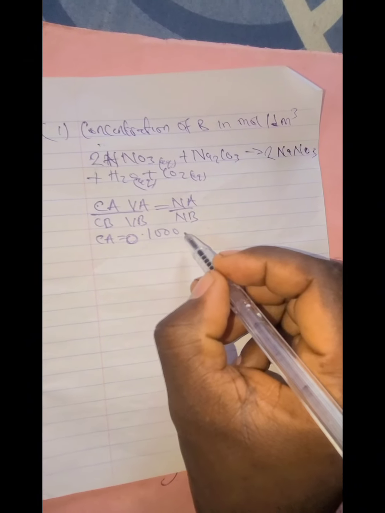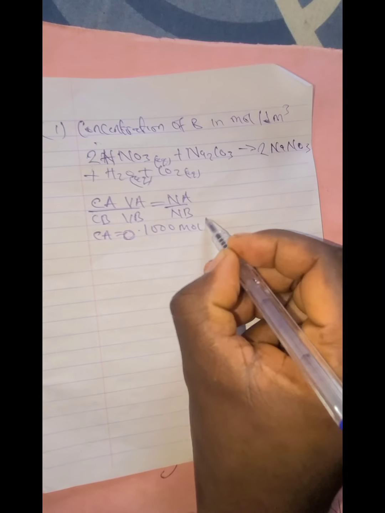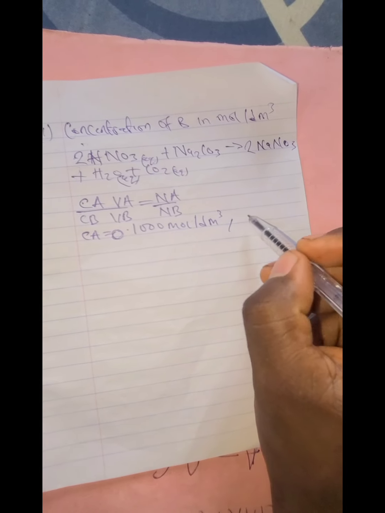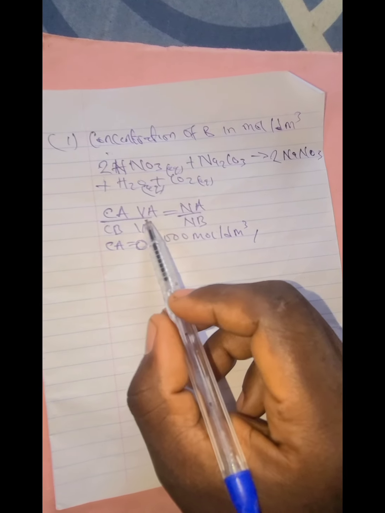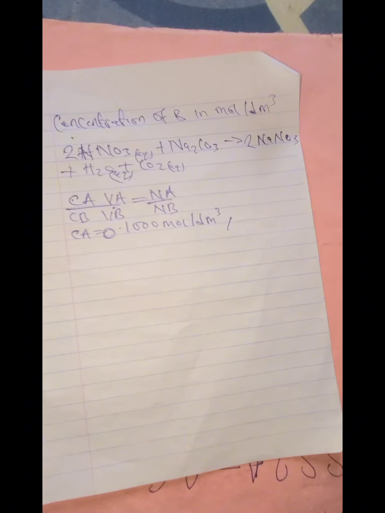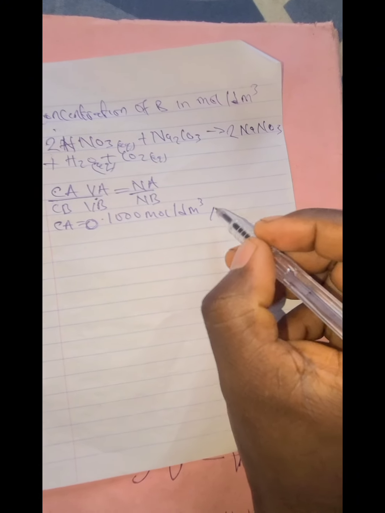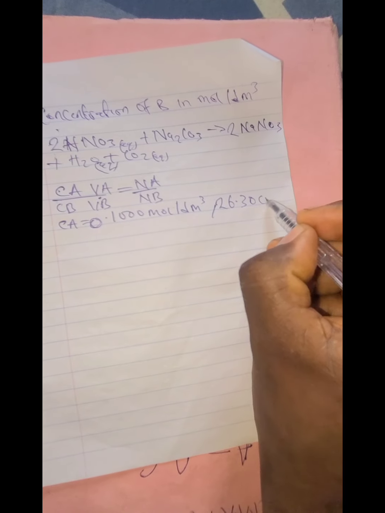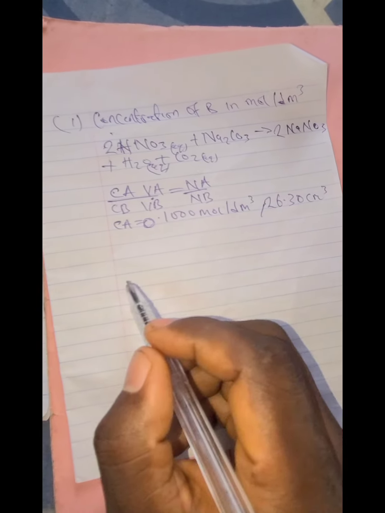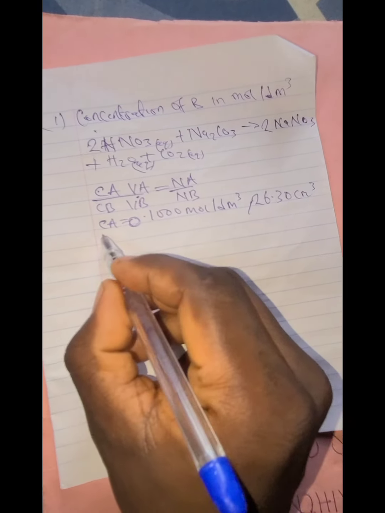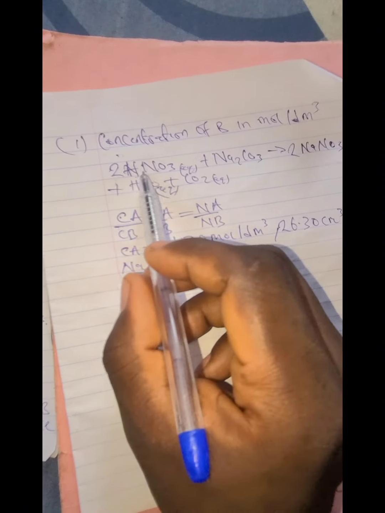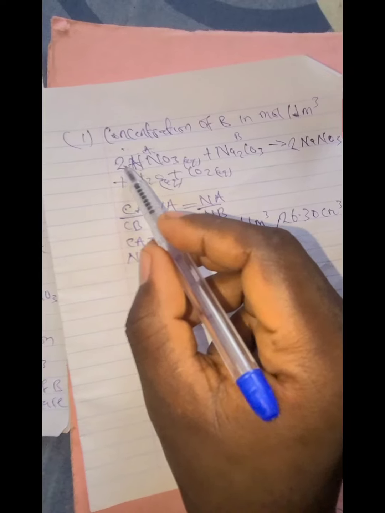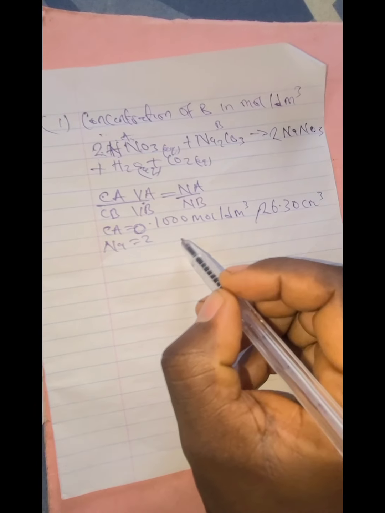Our volume of acid is your titer value, which I got as 26.30 cm cube. Then my Na, number of moles of A, my A is acid. The first one is your A, the second one is your B. So the number of moles of acid is 2.